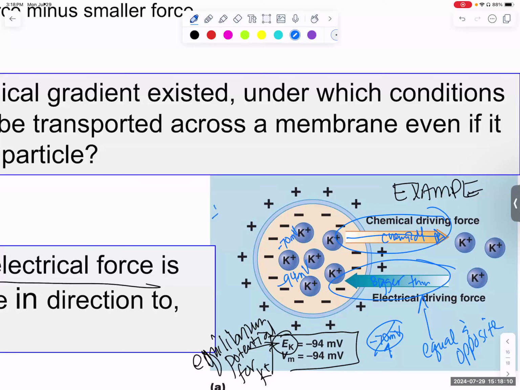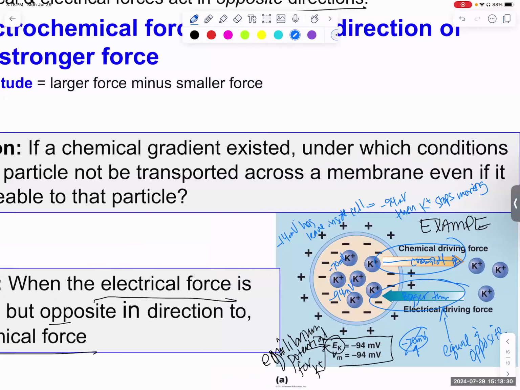That means 24 millivolts has to leave the inside of the cell to get it down to negative 94 millivolts, and then potassium stops moving because it's at its equilibrium. It's equal and opposite.